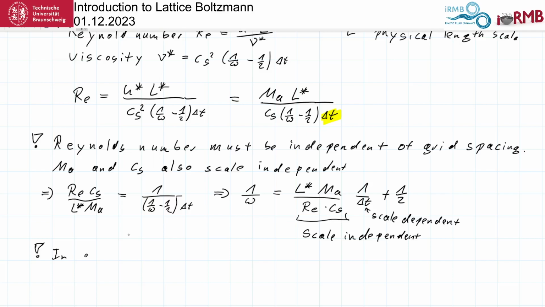So this is in acoustic scaling. Acoustic scaling: epsilon is proportional to delta t. This is what it means. Omega is a function of the resolution.